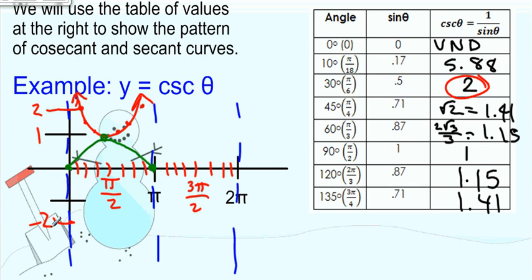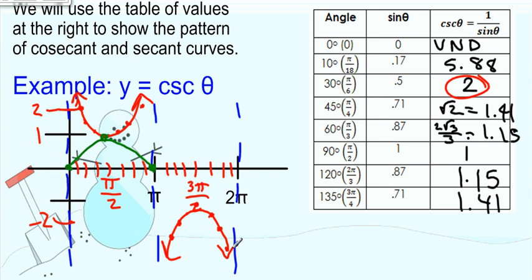Okay, and we're going to start at negative 2, and then go to negative 1.4, negative 1.15, and negative 1. And then it's going to come back. And again, we have our loop there. Okay. And notice it just flipped over the x-axis there.